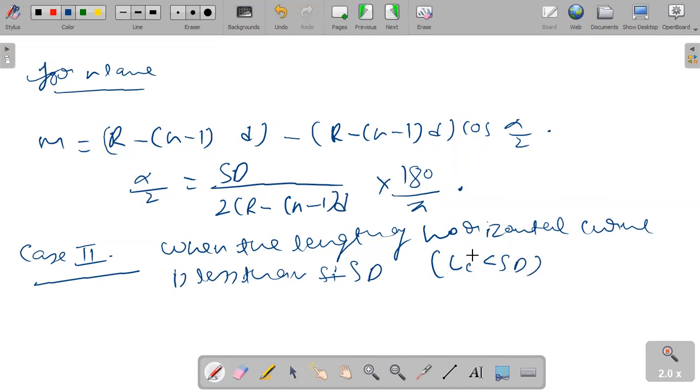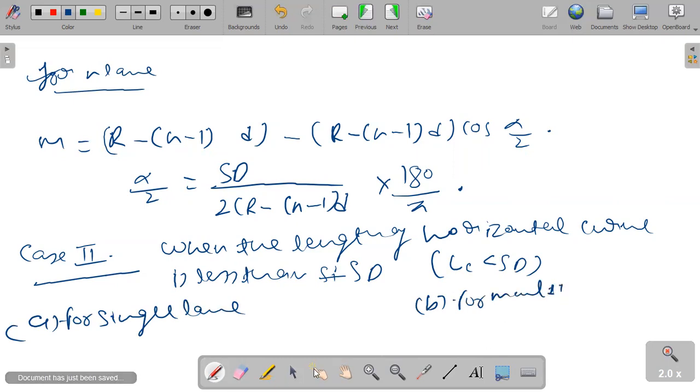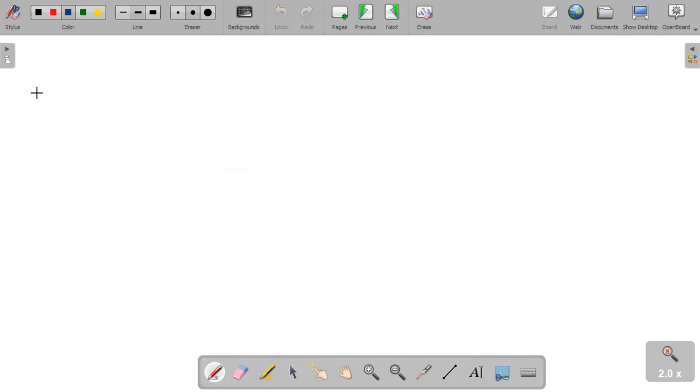Again, we'll discuss it for single lane and for multi lane. So let's discuss first for single lane.